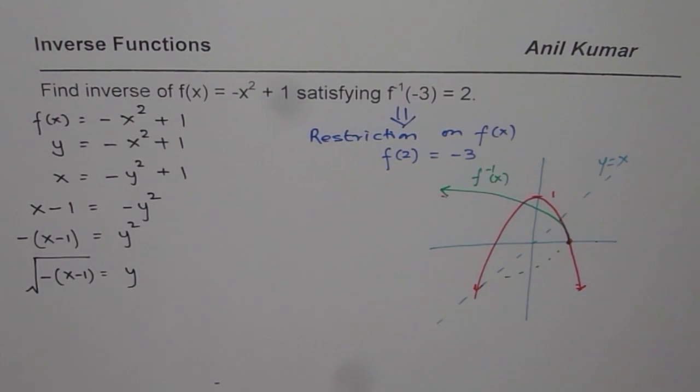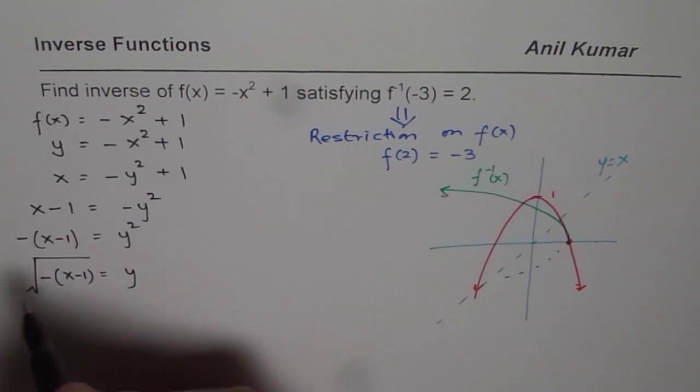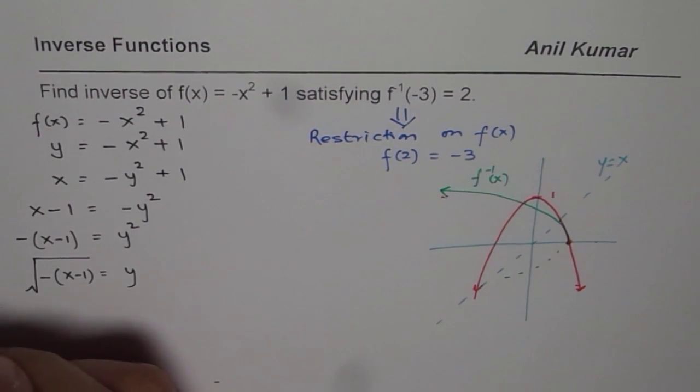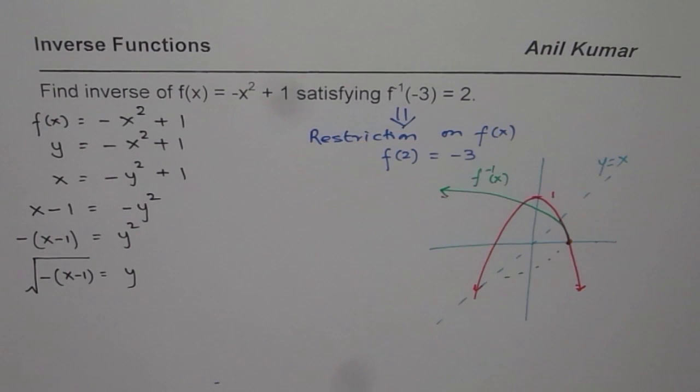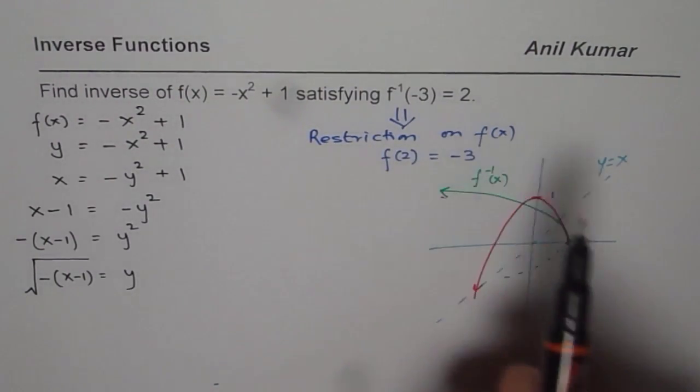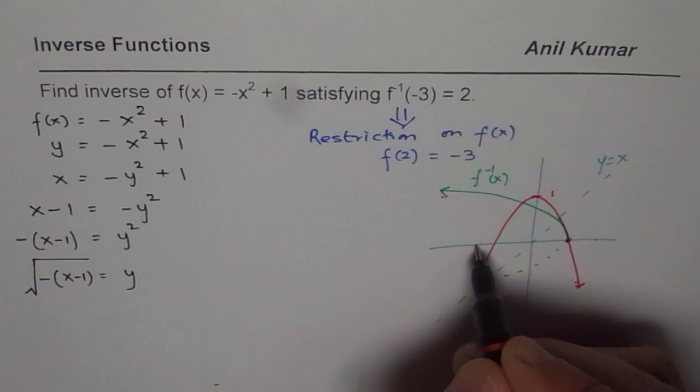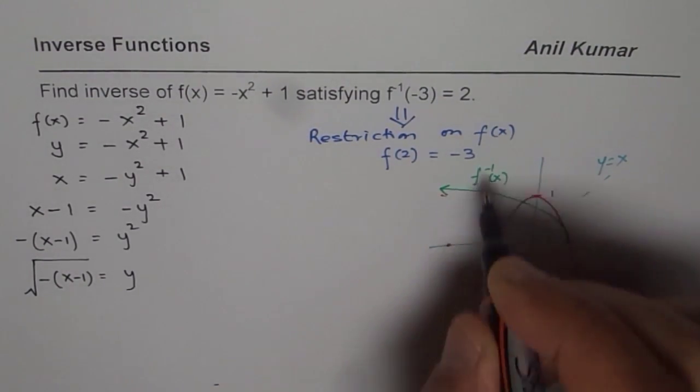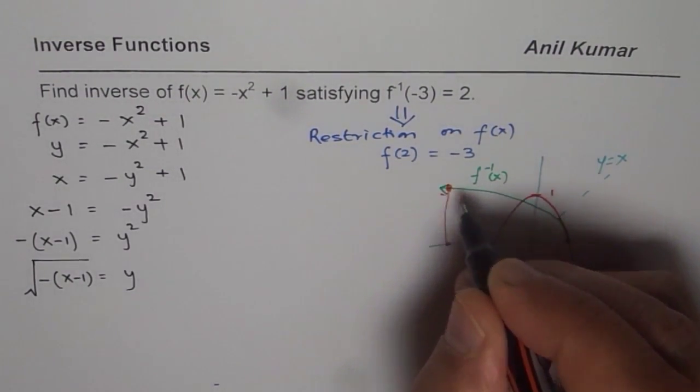Now it is a question. Whenever you do a square root, we are considering both plus and minus. Now the question is, which sign should we consider? You get the point, right? Since f inverse of minus 3, that means at minus 3, I am expecting a positive 2 value. Do you understand?